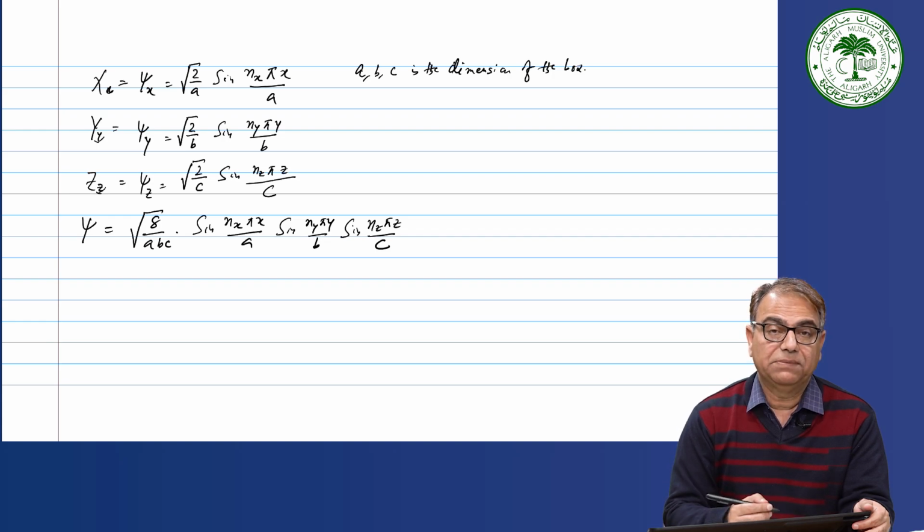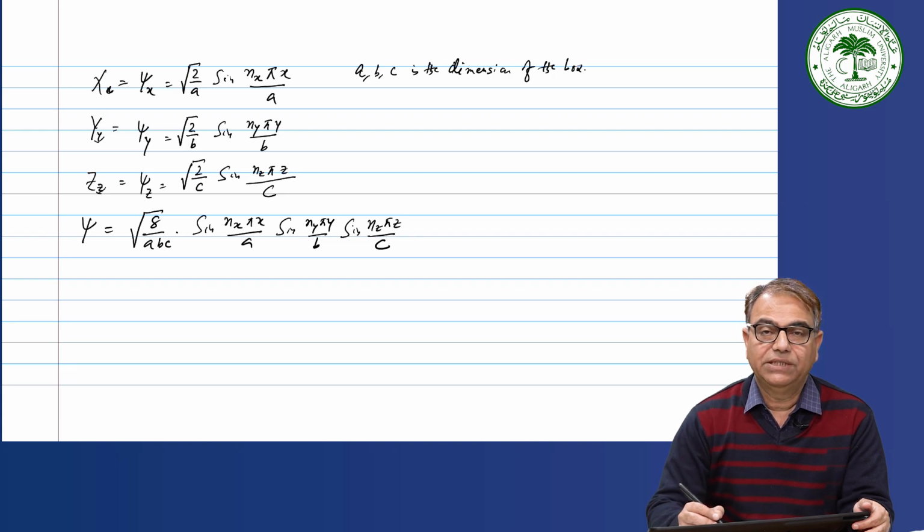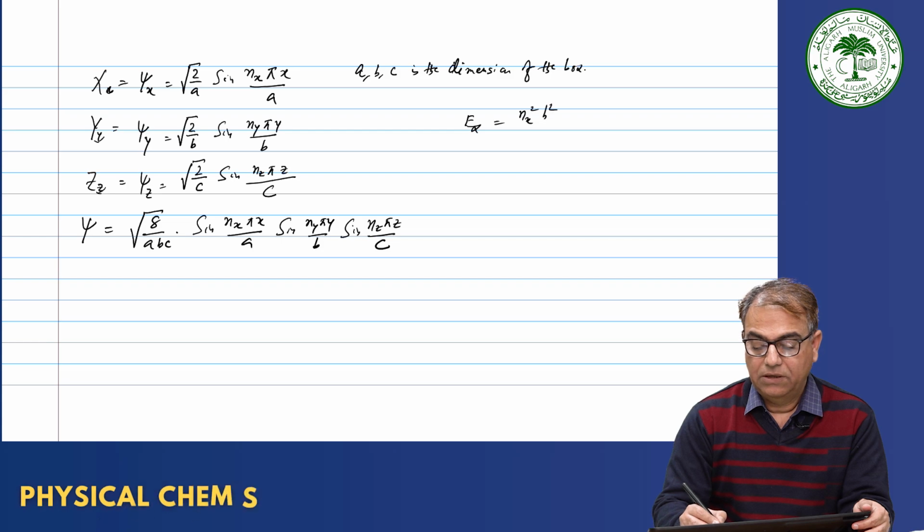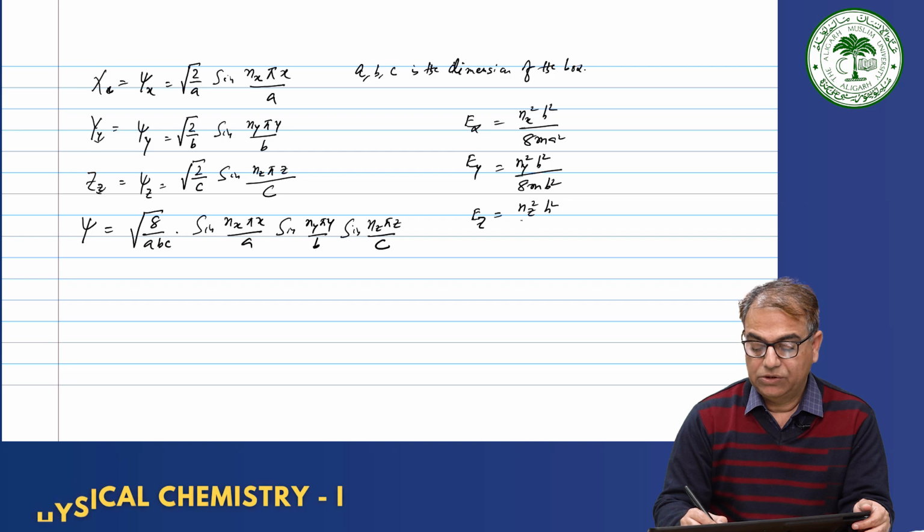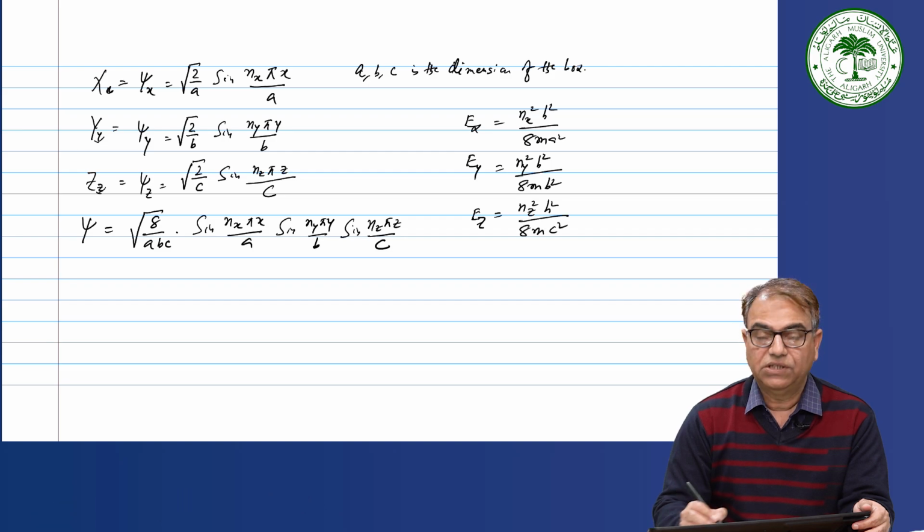Same way we can write expression for energy also. So energy also you know what was the energy in the particle in one dimensional box, n square h square divided by 8ma square. So we will write Ex as nx square h square divided by 8ma square, Ey we will write as ny square h square divided by 8mb square, and Ez we will write as nz square h square divided by 8mc square.